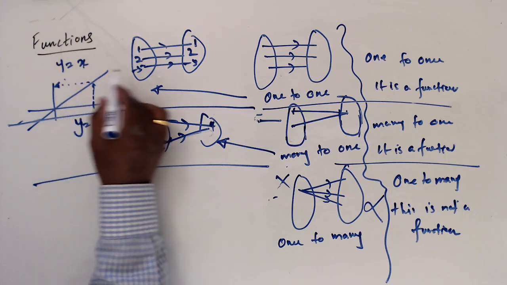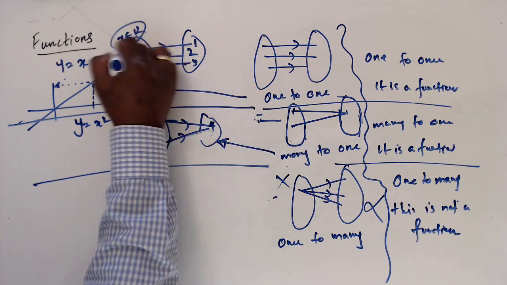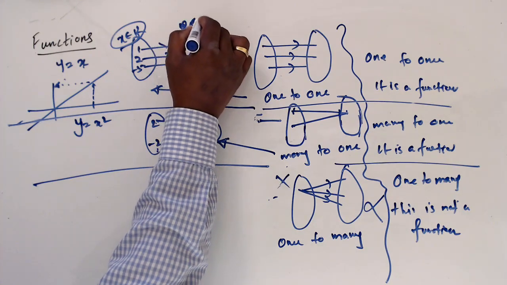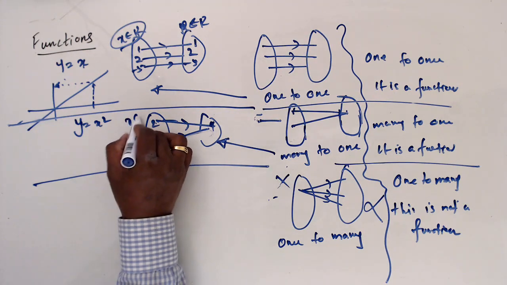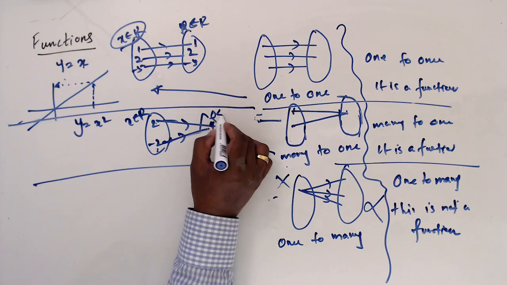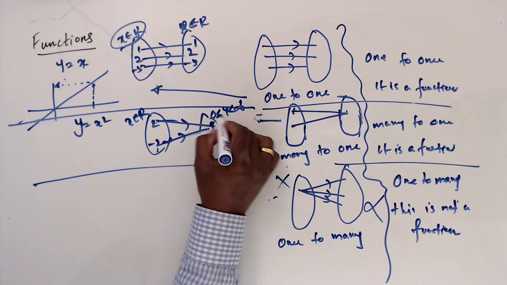So this domain is an element of real numbers. Here the domain is an element of real numbers, but here the domain is x an element of real numbers, and the range is y greater than or equal to 0, less than infinity.